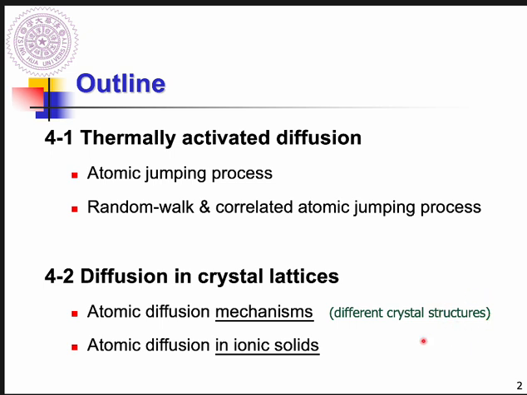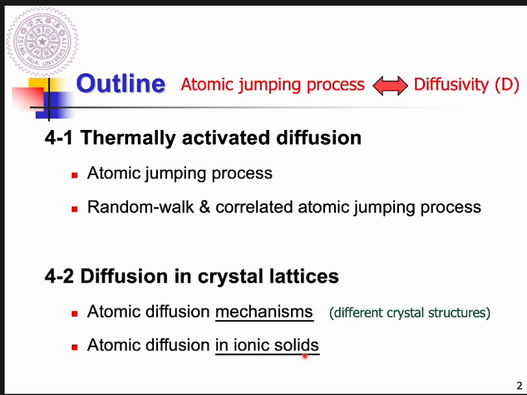Not only in these metals with different crystal structures, we will also talk about ionic solid materials. Overall, what you need to learn in lecture 4 is the relationship between the atomic jumping process and the diffusivity D.